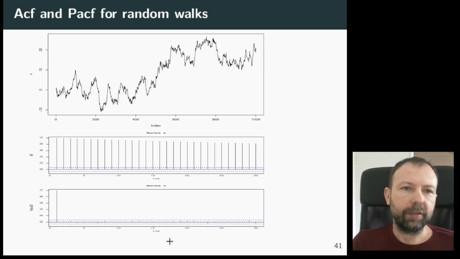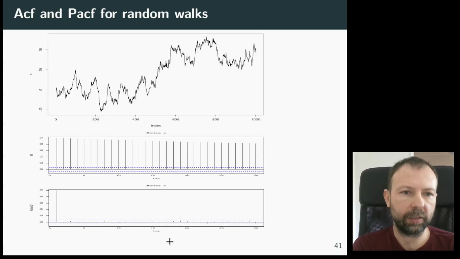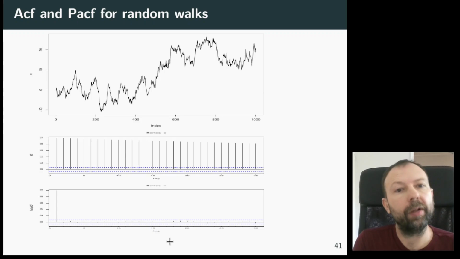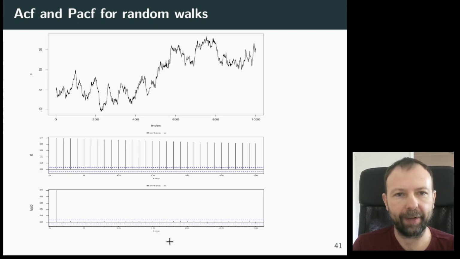Okay, ACF and PACF for random walks. So again, here is some random walk, and we see it has lots and lots of correlation slowly going down in the ACF plot, and then in the PACF plot it has a lag 1 and nothing else, right?